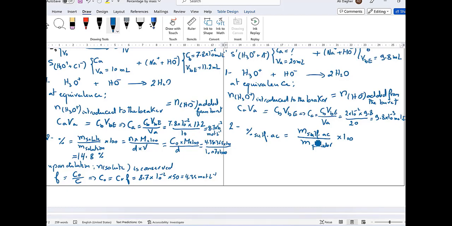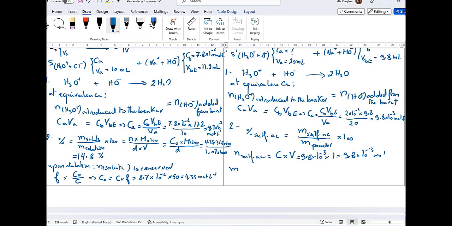First, we determine the number of mole of sulfamic acid equal concentration times volume. Concentration is 9.8 10 negative 3 times the volume equal 1 liter, 9.8 10 negative 3 mole.